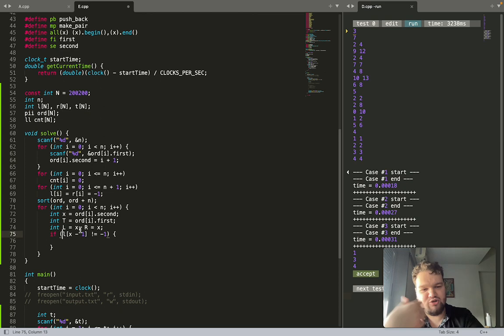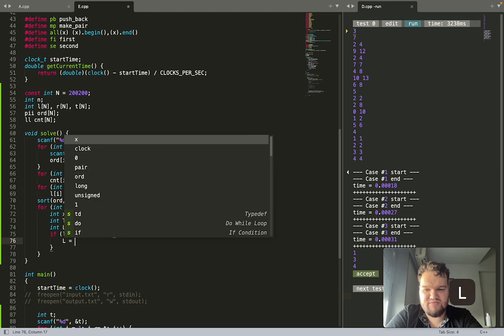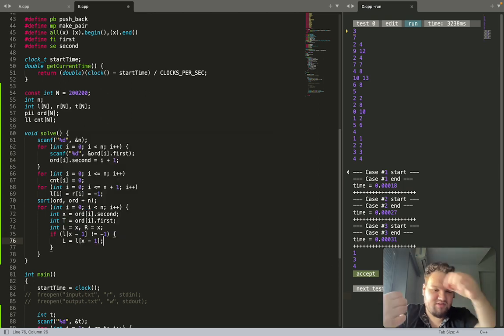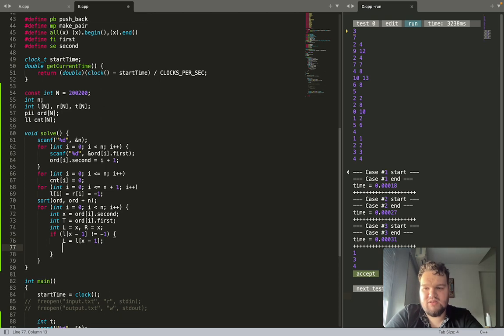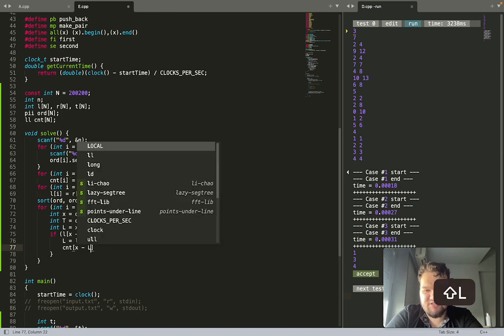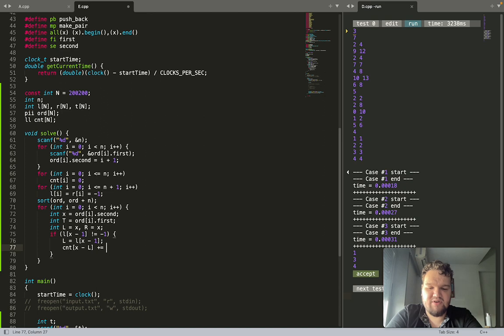So for our new segment, currently left border and right border is X. It's just one cell long, but if this one exists, then the left border will be this left border that is stored in the cell because it's the right border of the segment. And I'm saying that cnt of length x minus L should be increased by t minus the time that starts there.